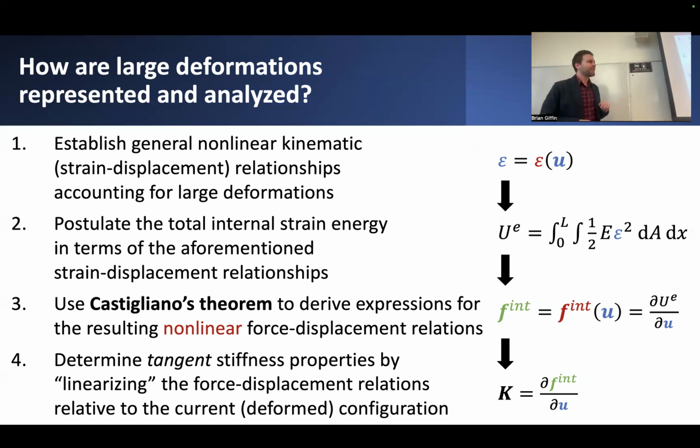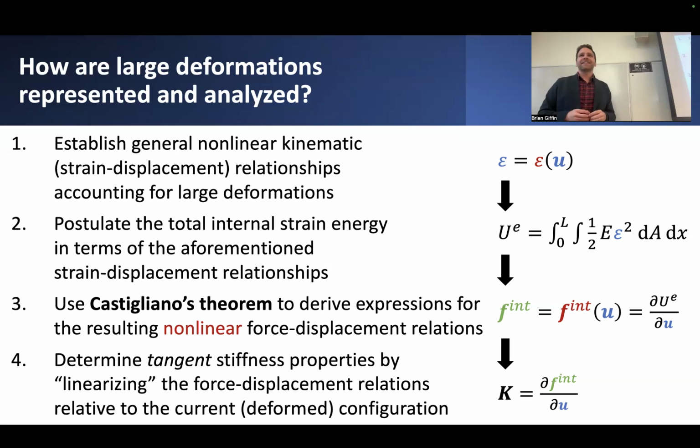That gives us our equilibrium equations, which we can solve in a nonlinear iterative fashion. Once we have these expressions for nonlinear forces, we can take the derivative of those forces, again with respect to these displacements, the unknown parameters that we're trying to solve for, to obtain our stiffness matrix.